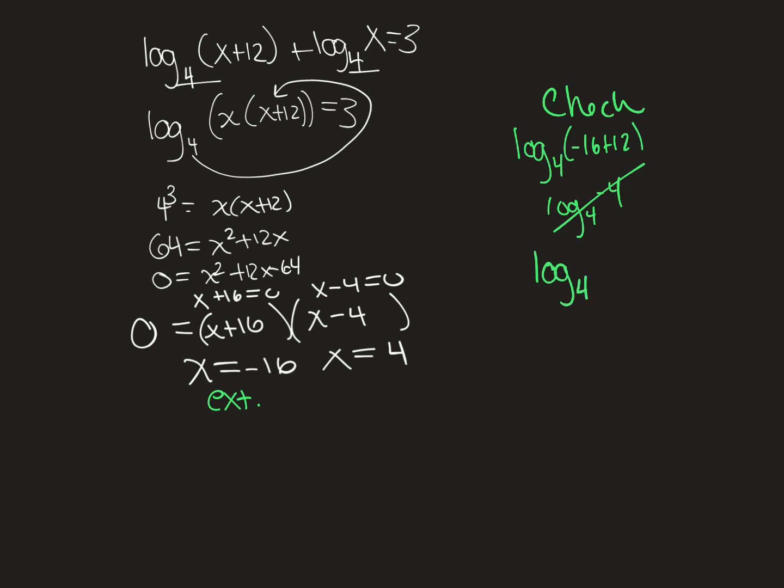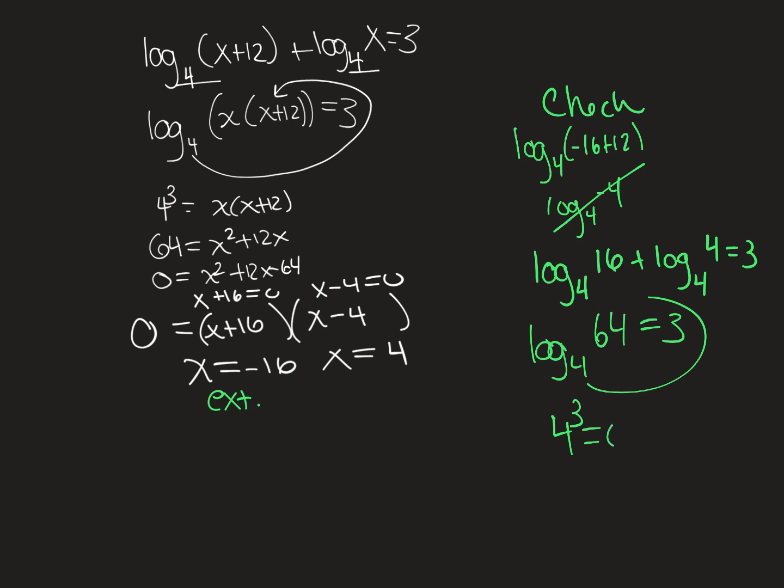Log base 4, 4 plus 12 is 16, plus log base 4 of 4 equals 3. So 4 times 16, because I'm going to condense logs, is 64, so I get log base 4 of 64 equals 3. When you do a swoosh, 4 to the third does equal 64. So my x equals 4 is my only answer. My other one, my negative 16, was extraneous.